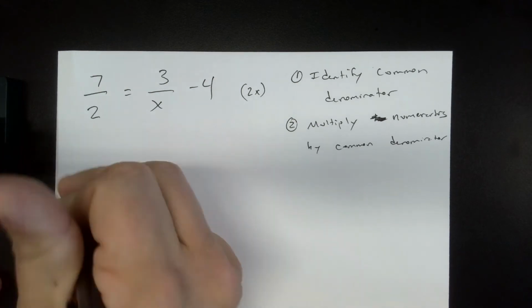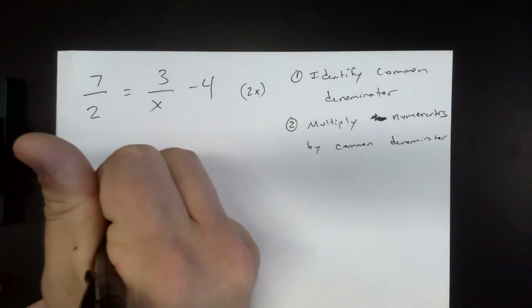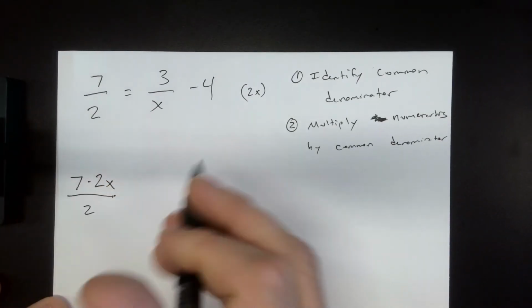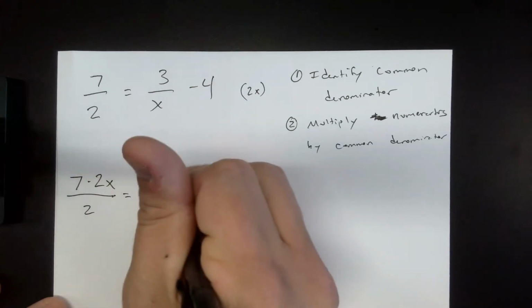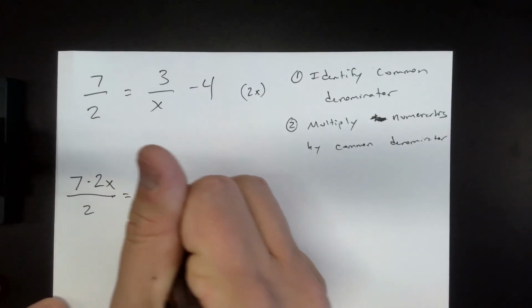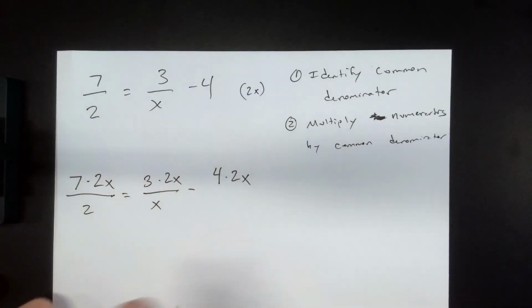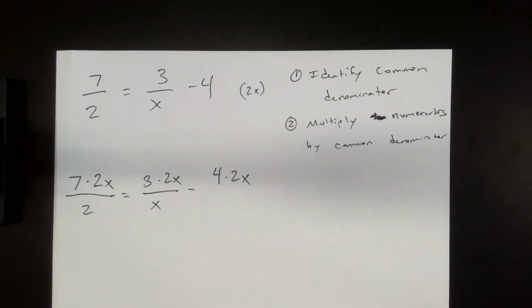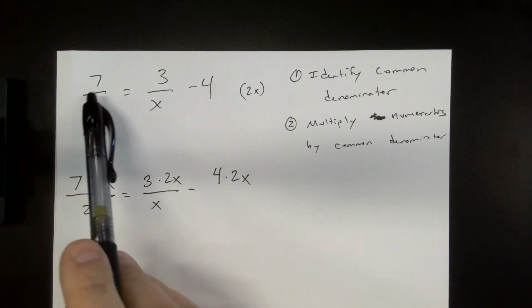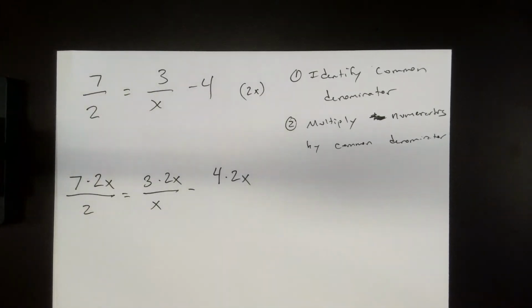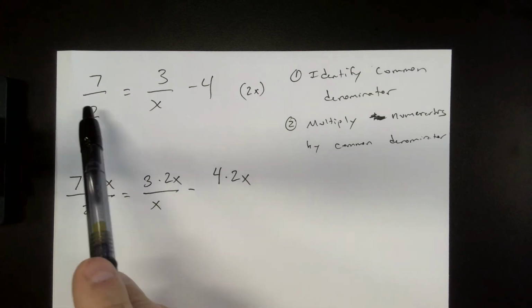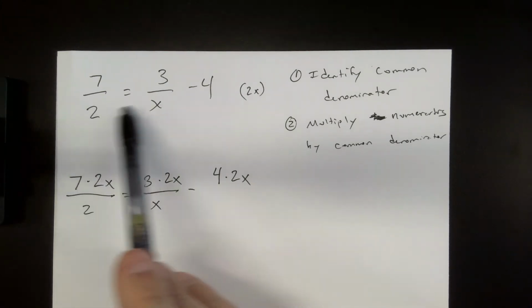So what that's going to look like is 7 times 2x over 2 equals 3 times 2x over x minus 4 times 2x. So we're just multiplying all the numerators by the common denominator. The common denominator is the denominators, the common.